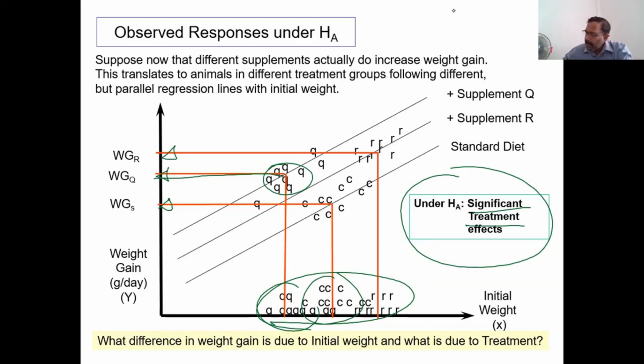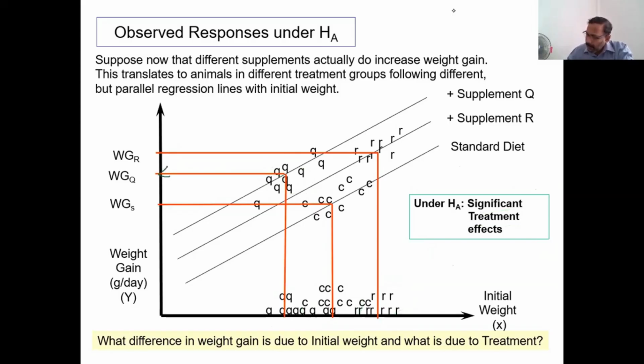For example, here we said there's a weight gain of Q, R, and S. Suppose you take the weight gain of Q. Can you remember, in the earlier slide we said that it may be due to initial weight, and also due to the treatment of Q.